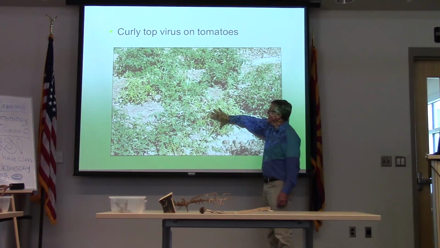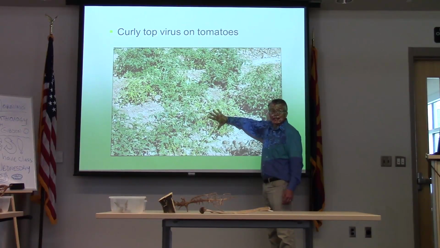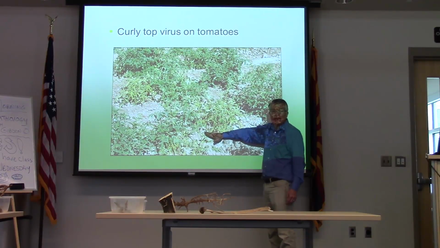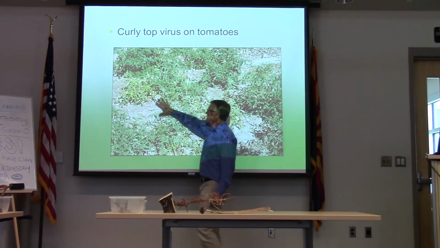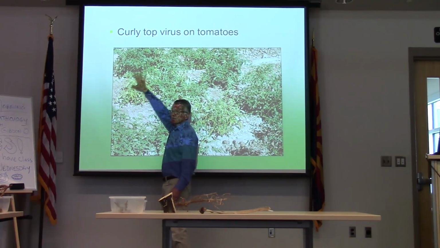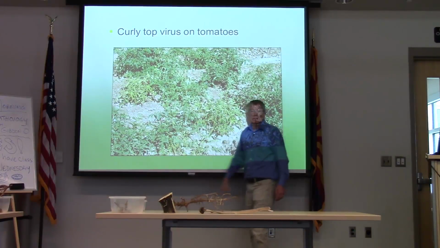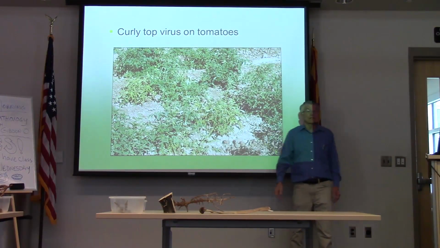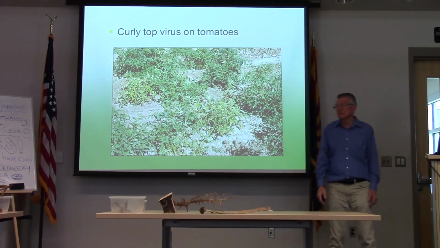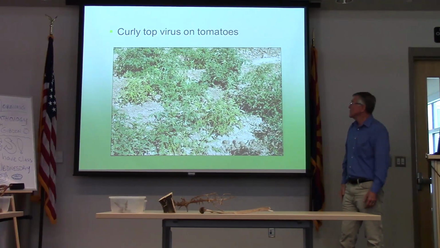If I'm seeing this kind of symptom early in the season, I may come in and take that plant out just to get rid of it. But later in the season, where I've got a lot of those, I might just leave it because I'm going to terminate the crop anyway. Get as much fruit off of it as I can. Doesn't affect the fruit too much. And get as much fruit off as I can, and call it good.